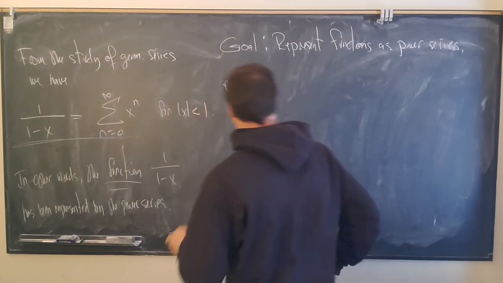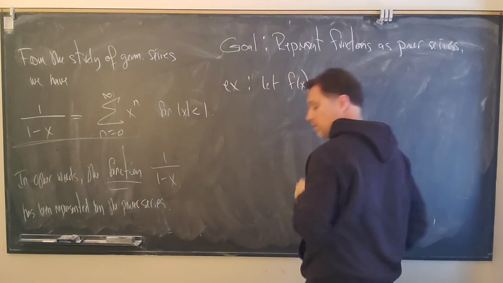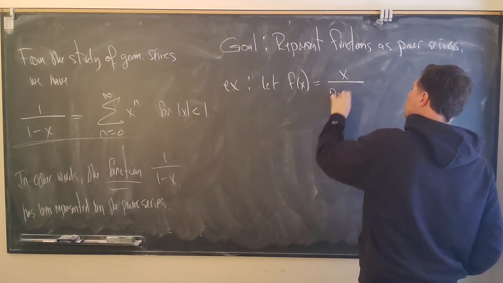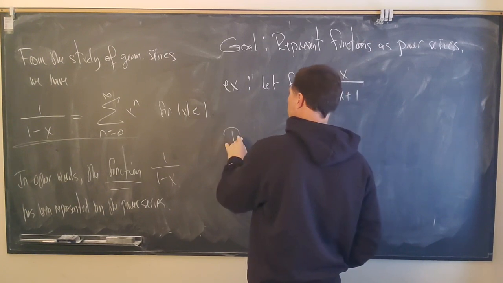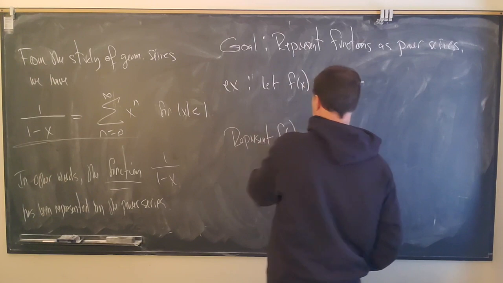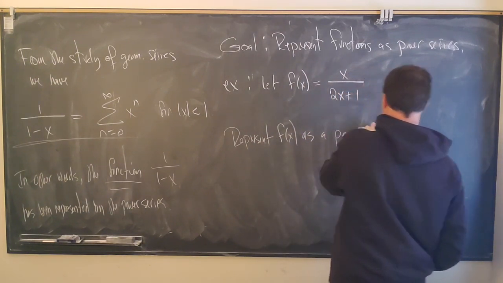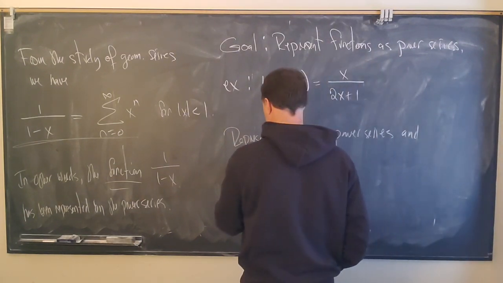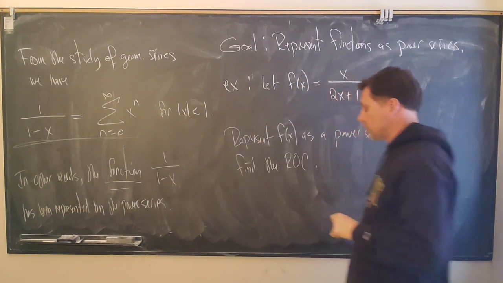So let f of x equal x over 2x plus 1. What we want to do is represent f of x as a power series and find the radius of convergence.